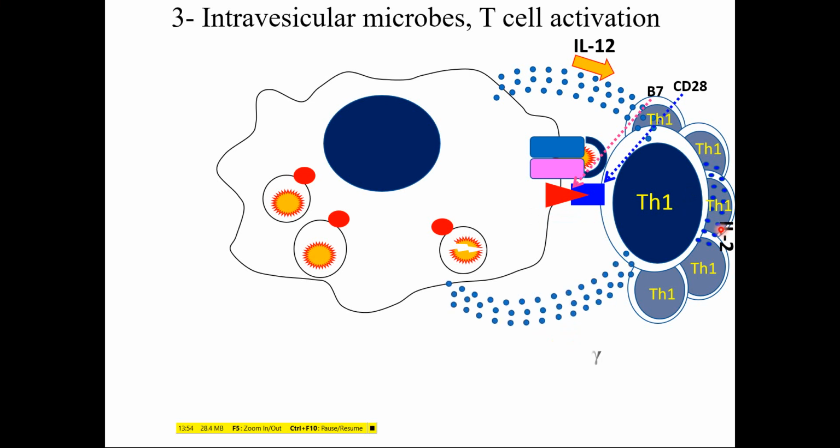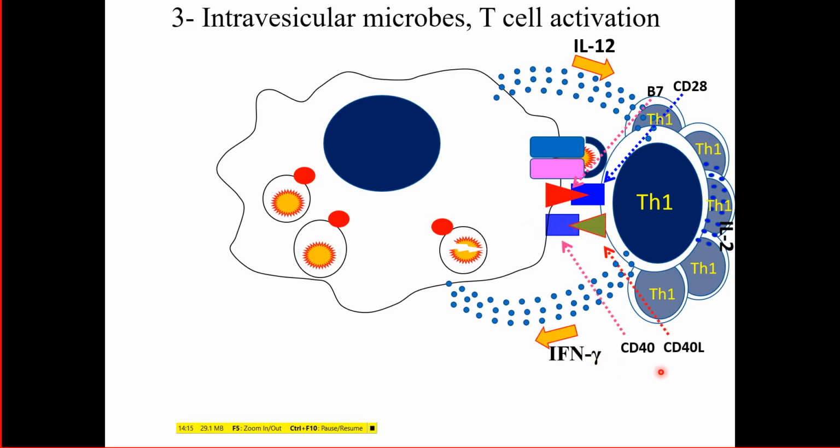One is to produce interferon gamma. Another thing is to generate a molecule at its surface, this green triangle, that binds to a receptor at the surface of the antigen presenting cell. What is the name of it? This is called CD40 ligand, and this is called CD40.